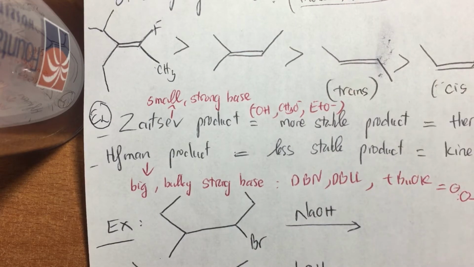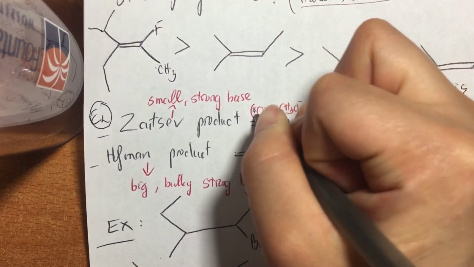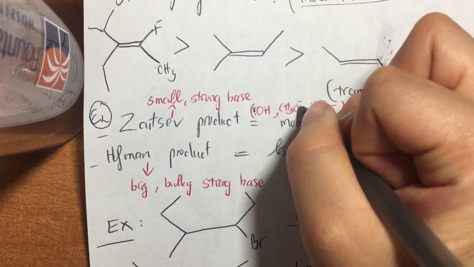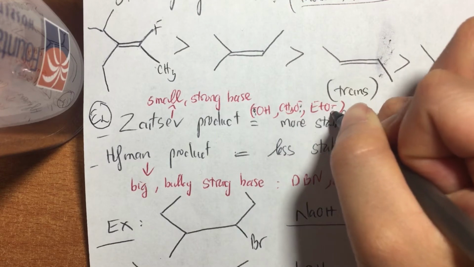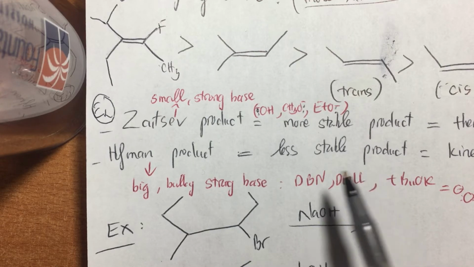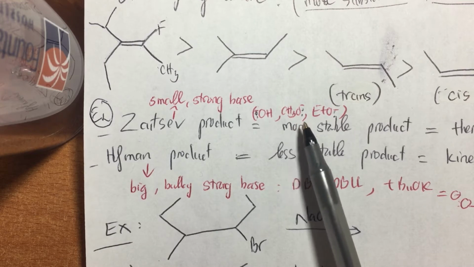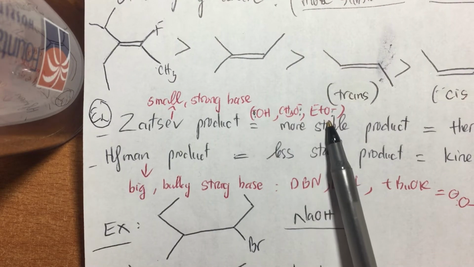So anytime you see a lone pair of electrons right next to an oxygen, and it's not a bulky hydrocarbon, then this is a strong, small base, right?